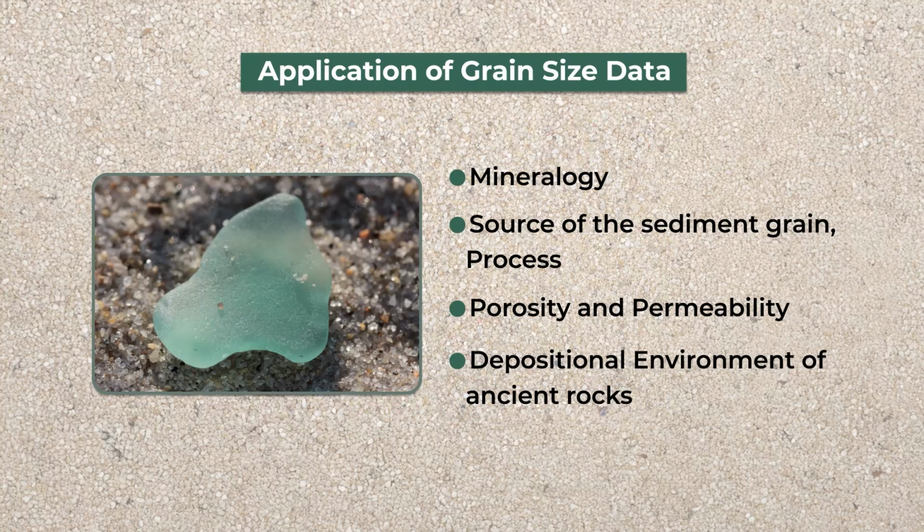It gives rise to porosity and permeability in the rock, because this has a direct implication on many commercial activities, especially in petroleum and water reservoirs, where porosity and permeability are important factors to tell the transmission of these fluids. And this also tells us how the depositional environment existed during the formation of the ancient rock.